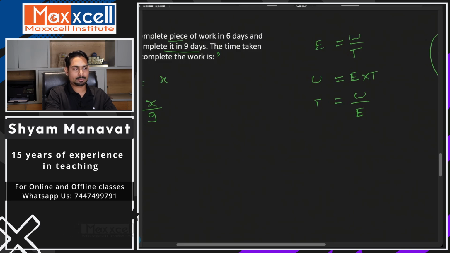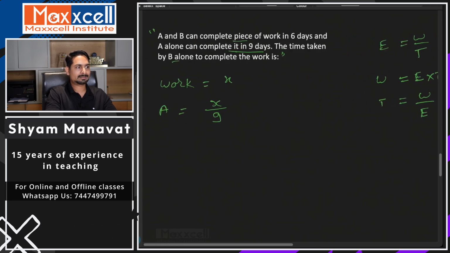Efficiency equals work upon time. Work we assume X, time is 9. Clear? Similarly, B's efficiency we need to find out. But A plus B's efficiency, because the question said A and B working together, is given information. They can complete in 6 days.